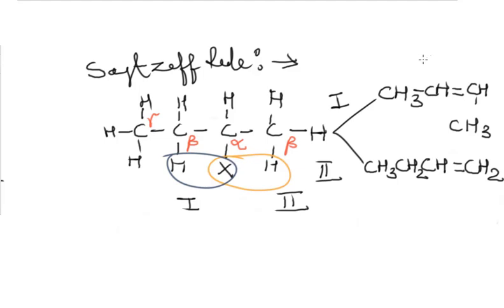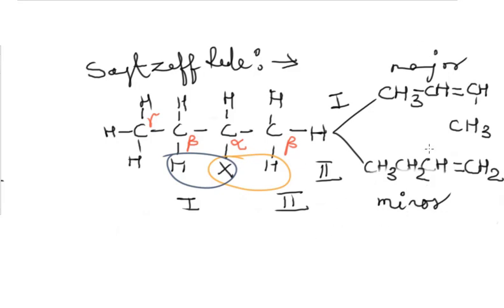Now the product which we get from the first way is the major product, and the product which we get from the second way is the minor product, that is here this one is CH3, this is CH2. So this is the minor product.